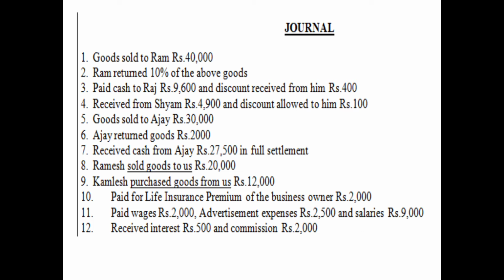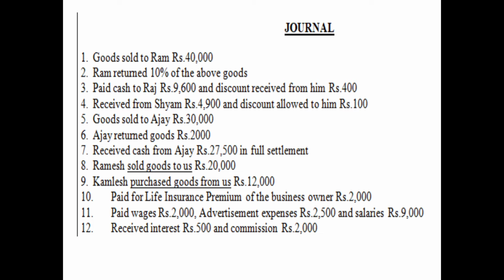In transaction number 5, goods worth rupees 30,000 were sold to Ajay, out of which he returned 2,000. That means 28,000, the difference, was still left to be received from Ajay, out of which he has paid only 27,500, and we are settling his account. And whenever the account is settled, we use the word discount and not bad debts.